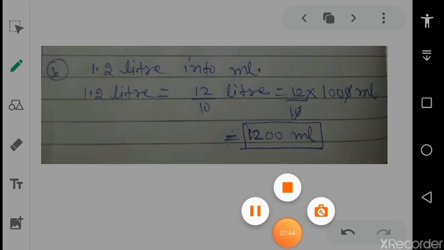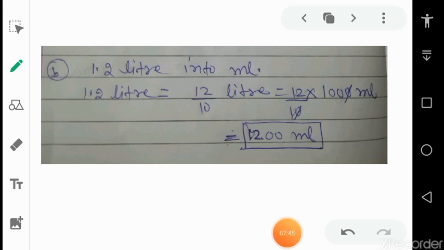Next, 1.2 liter into milliliter. Again I want to tell you, ml stands for milliliter and L stands for liter, so sometimes I may use L and ml instead of liter and milliliter. The question is 1.2 liter into milliliter.